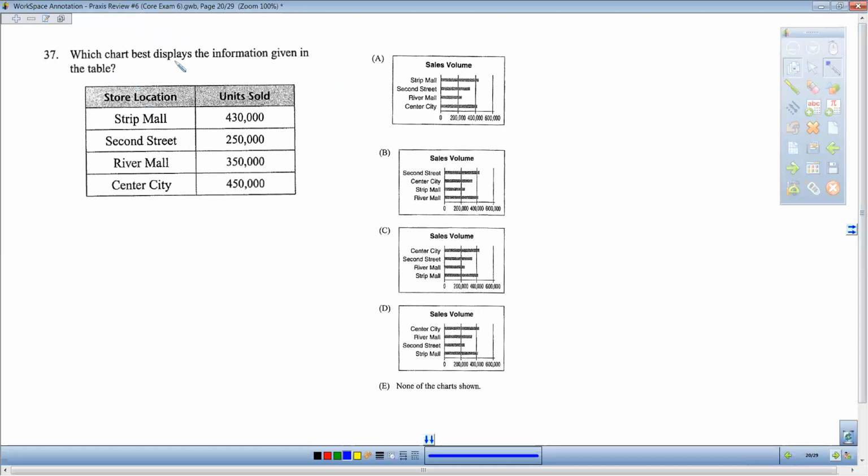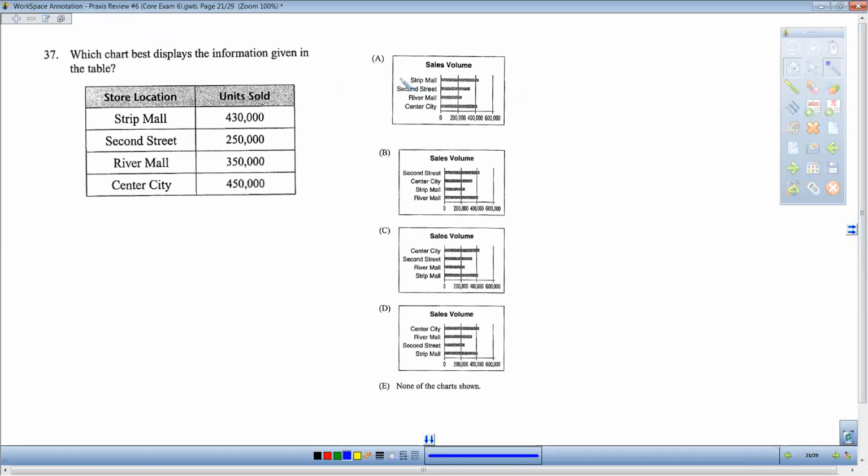37, which chart best describes the information given in the table? So you're looking at these bar graphs, and along the bottom is your units sold, and along the side are your different locations. So you're noticing that if you take the strip mall, there's 430,000 units sold.